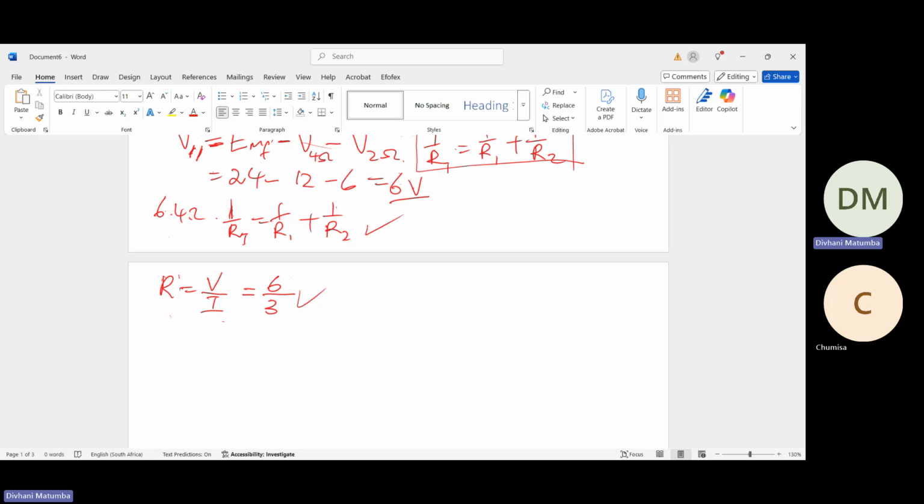So we just assume that there will be three amperes of current flowing through the equivalent resistor that we are talking about. And that equivalent resistor will consume 6 volts, which we have calculated. You agree, right? Yes, sir. Okay, so our answer will be 2.